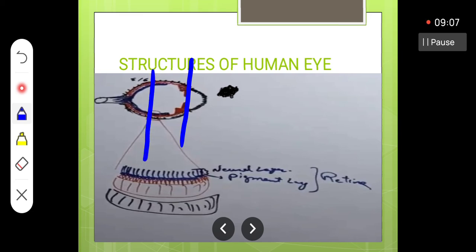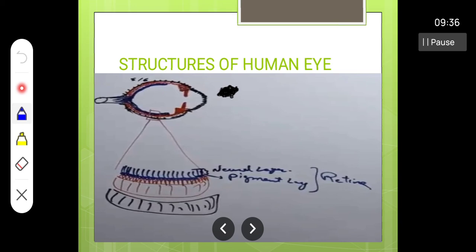Rods and cones terminate at this part, but the pigment layer with little neuronal tissue continues forward, behind the ciliary body and the iris.